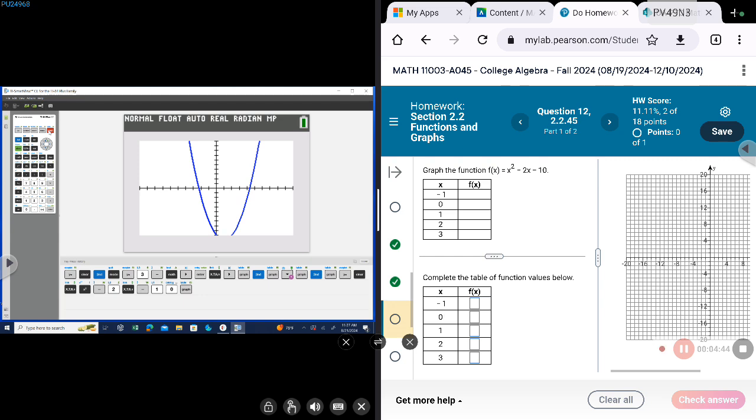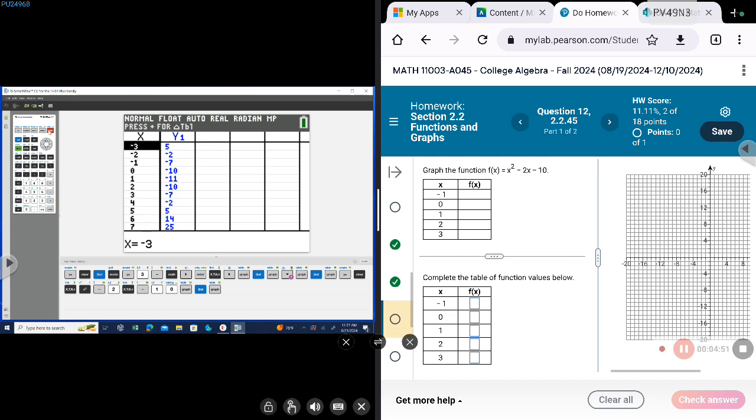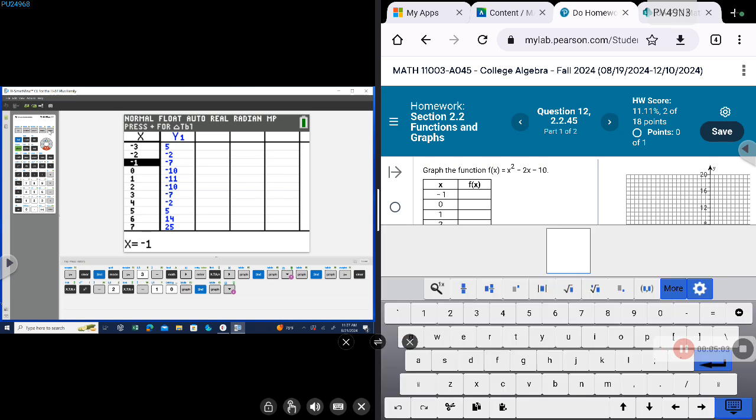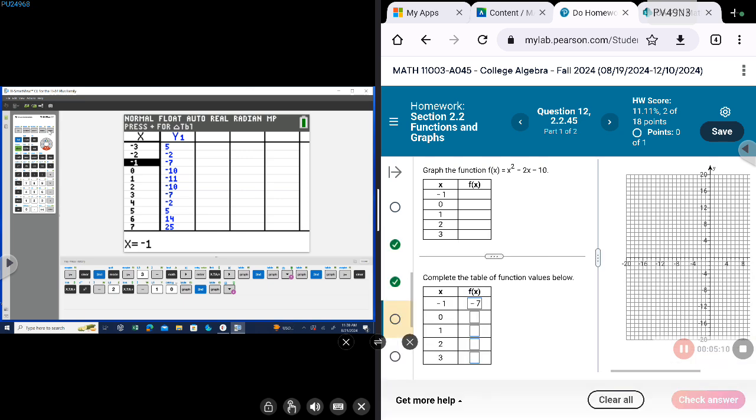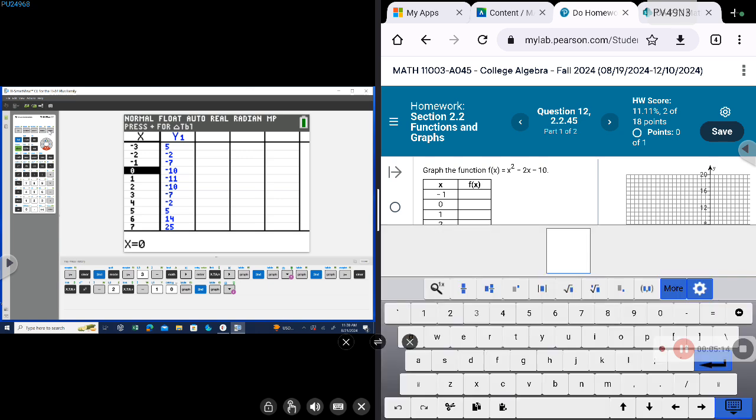Now I am going to complete the table. So I'll hit second table, completing the table of the function values below. The first one at once is, what is it when x is -1? Well, that gives me negative 7. Going down to the 0, that gives me negative 10.